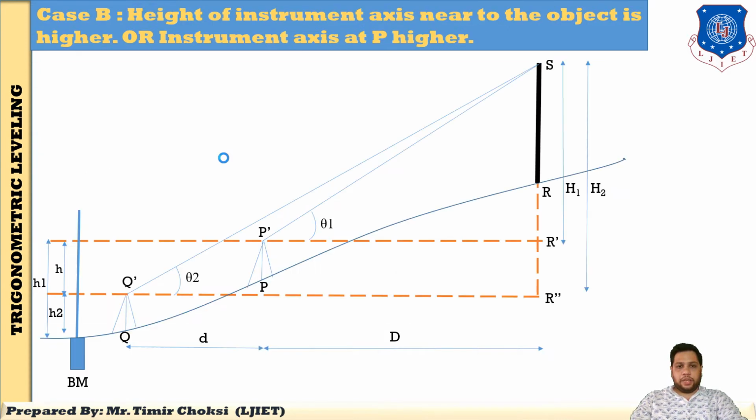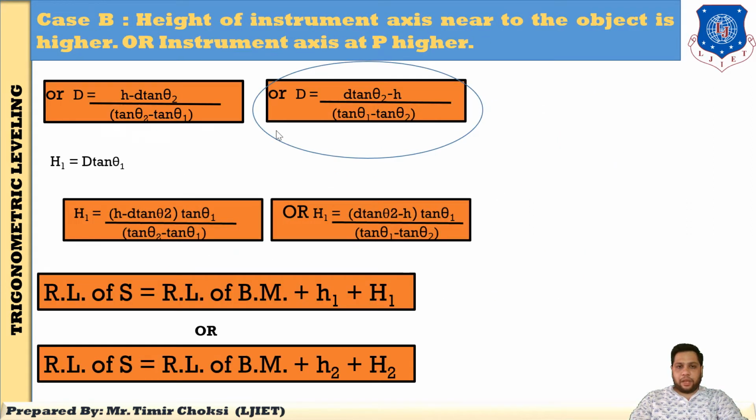Similarly, for case B, the instrument station P is on the higher side because it is near to the object, and our equations are there. Remember this equation: D equals D tan theta 2 minus S divided by tan theta 1 minus tan theta 2.